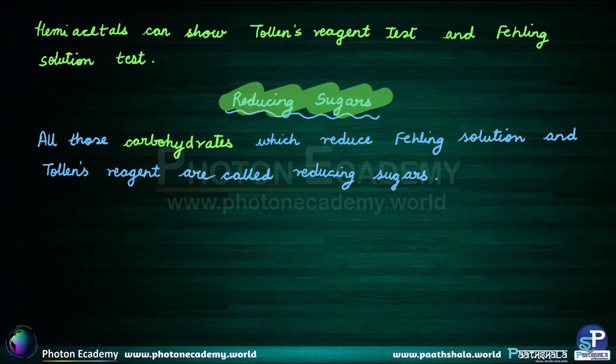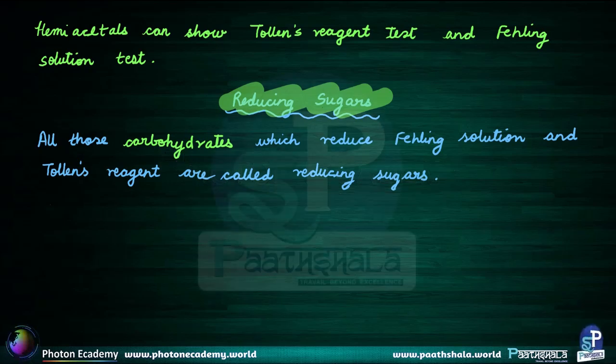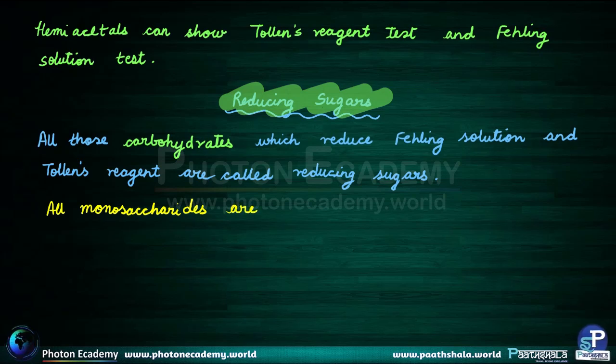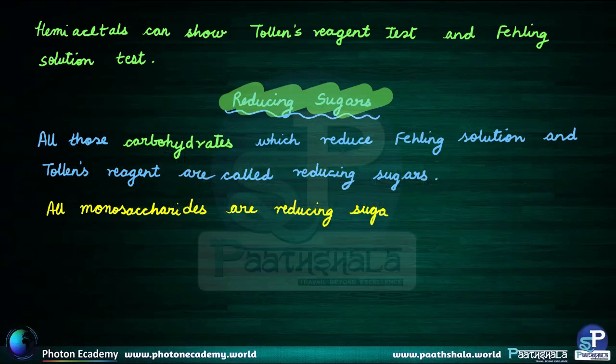So if I want to see an example, I can write that all monosaccharides, whether aldose or ketose, are reducing sugars. So all monosaccharides, whether they have an aldehyde group or a ketone group, are reducing sugars. So this is a category of sugars called reducing sugars.